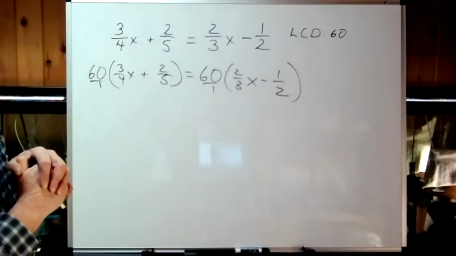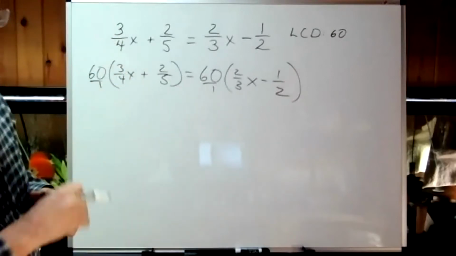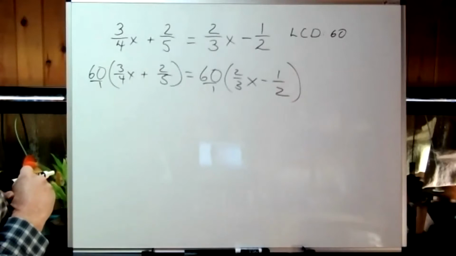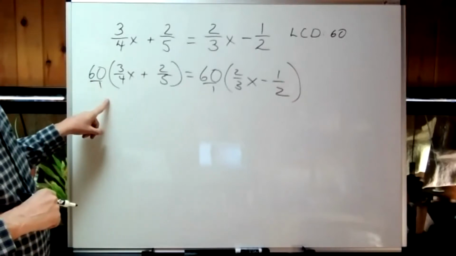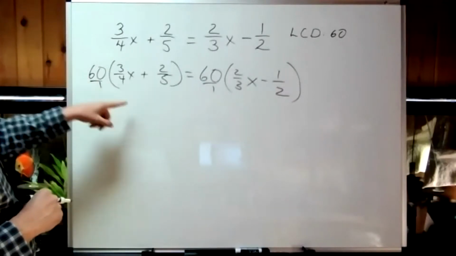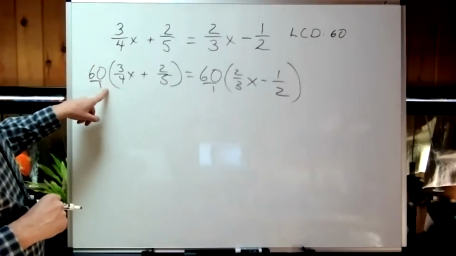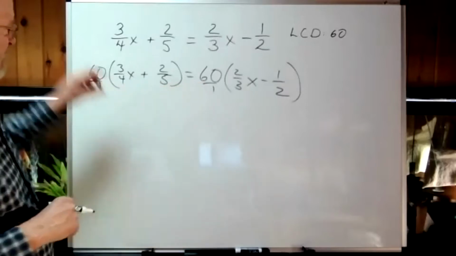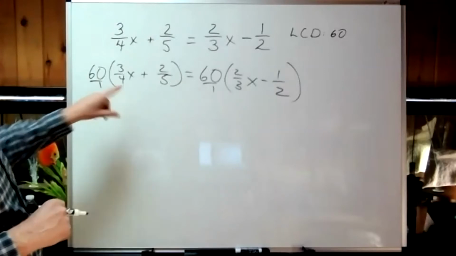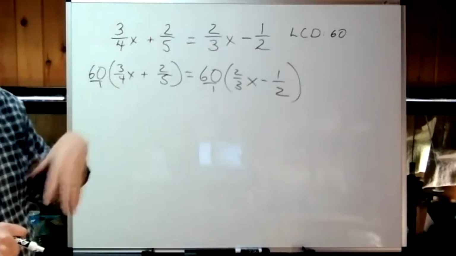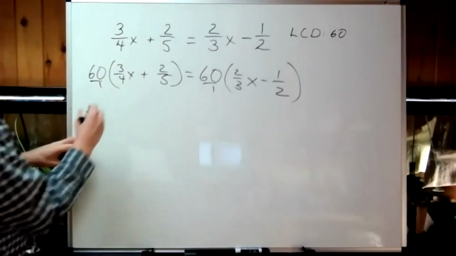I'm just going to make all the numbers bigger for some special reason. I'm choosing this number because it's a multiple of these denominators. And if I multiply the top of a fraction, the denominator ought to be able to simplify or cancel out.